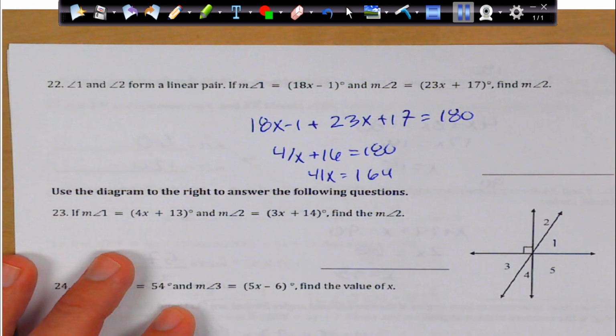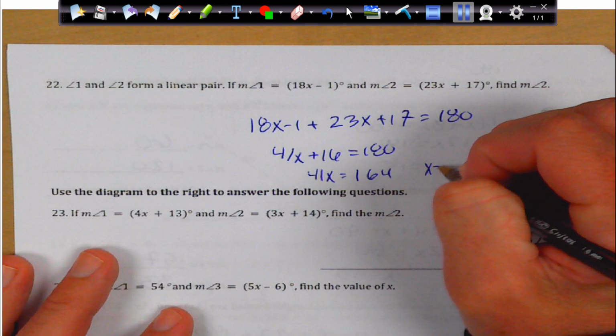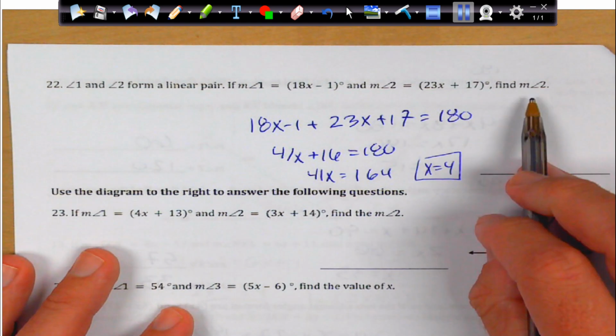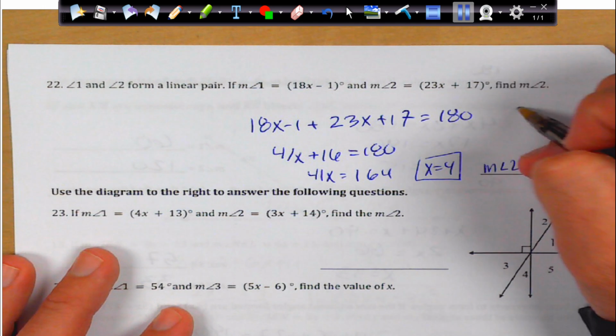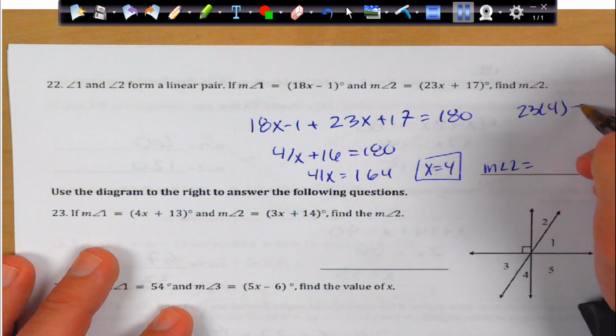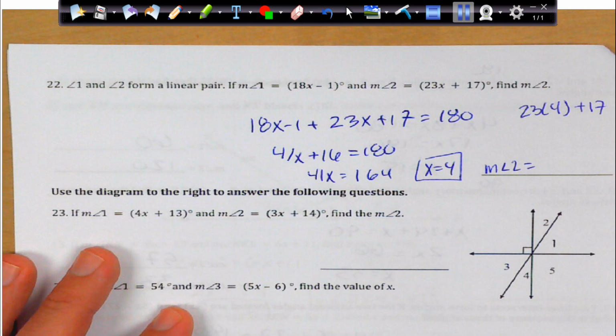And then we're going to divide that by 41, which gives us x equals 4, which is important, but we want to find angle 2. So the measure of angle 2 is equal to 23 times 4 plus 17. And we should get 113.